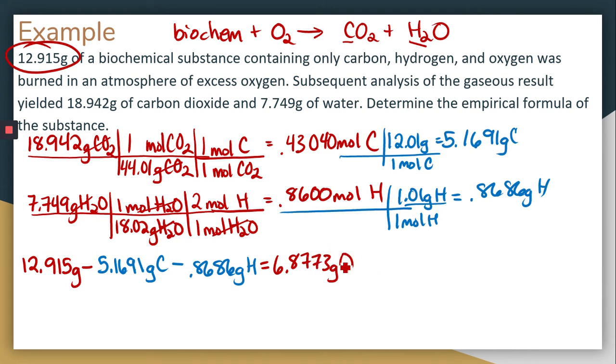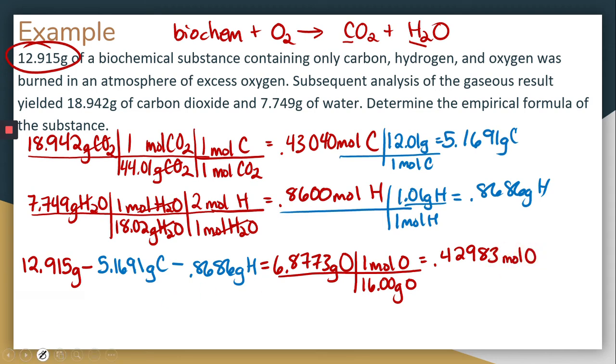So that gives us grams, but we need to convert to moles. So then we're going to convert from grams of oxygen to moles of oxygen, keeping our significant figures the same. All right, then once you're in moles, you divide by the smallest.